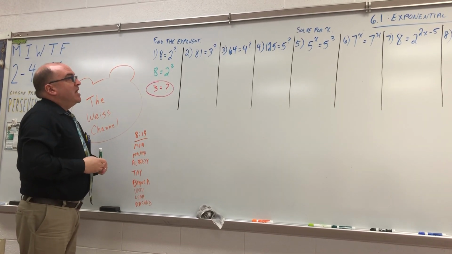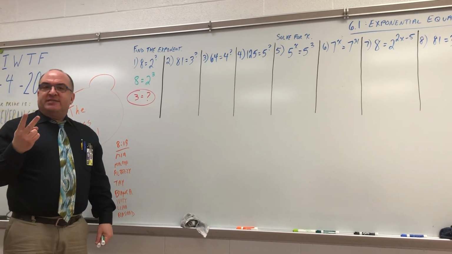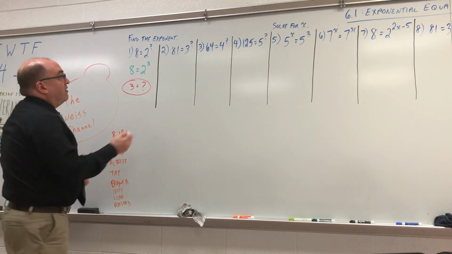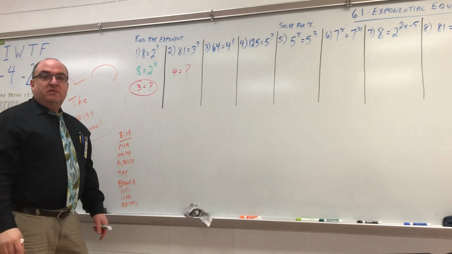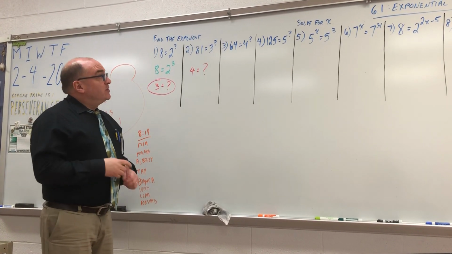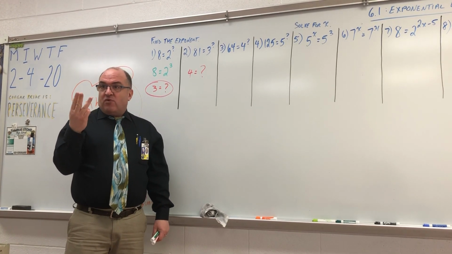All right. 81 equals 3 to the what power? 3 times 3 is 9, times 3 is 27, times 3 is 81. 4, right? 3 to the fourth power. 64 equals 4 to the what power? 4 times 4 is 16, times 4 is 64.